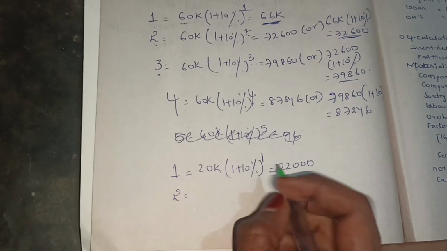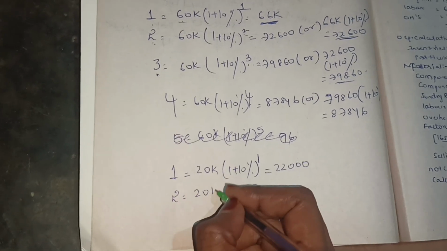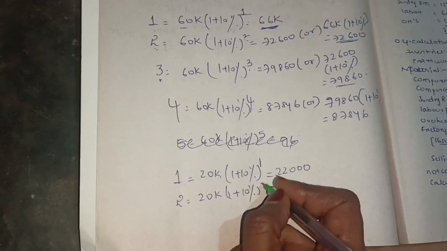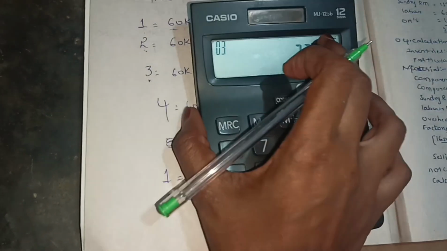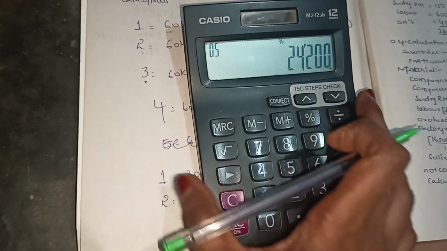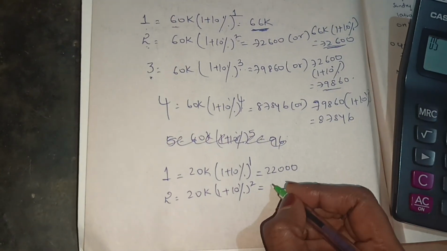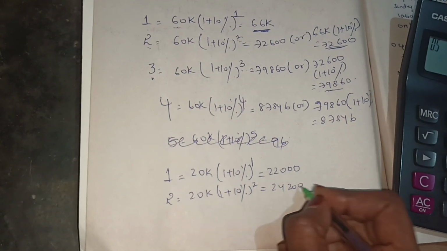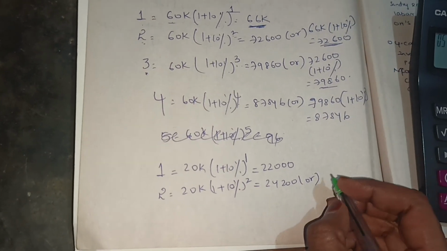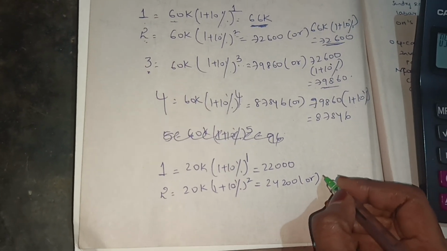Second year cost will be 20,000 into 1 plus 10% whole square. It is 24,200. Or there is another way to find cost.